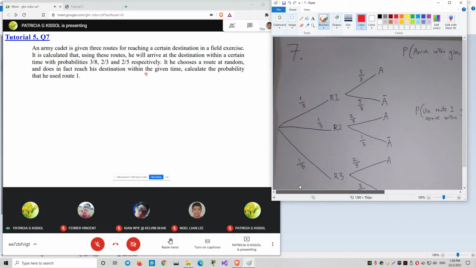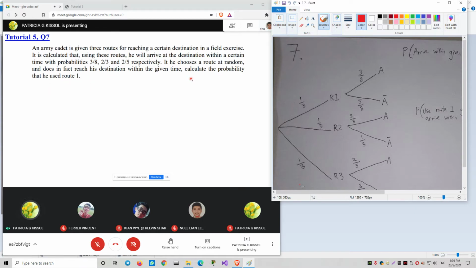So there are 3 routes. Or do you pronounce it routes? I usually pronounce it as routes. And if he chooses a route at random and does in fact reach his destination within the given time, calculate the probability that he used route number 1.